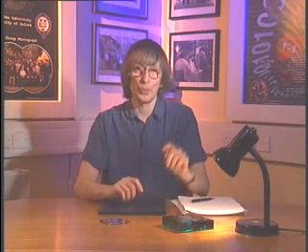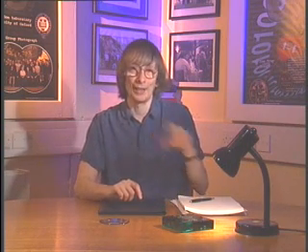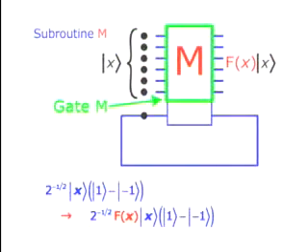So we don't have to mention the auxiliary qubit explicitly when we analyze algorithms involving M, just as we don't explicitly mention the unseen qubits in the oracle when it computes f.